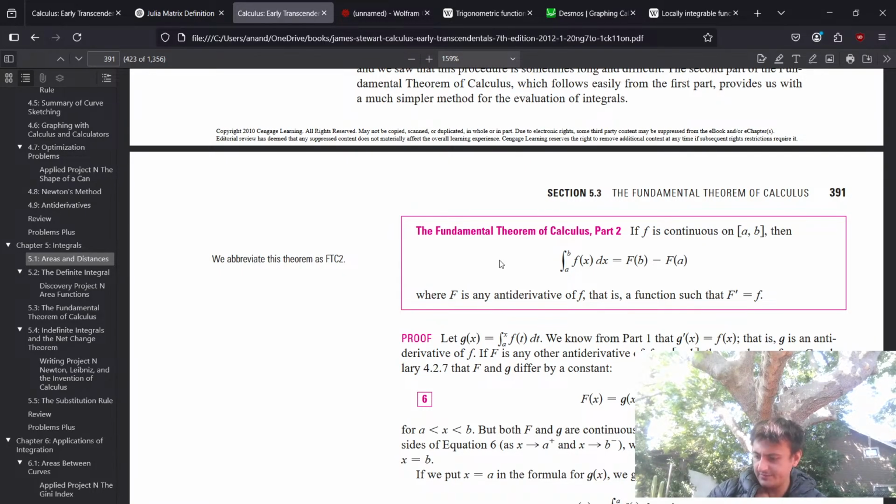All right, then FTC part 2. If f is continuous on [a, b], then the definite integral from a to b of f of x dx is equal to F of b minus F of a, for any F that is an antiderivative of little f, that is, F prime equals little f.